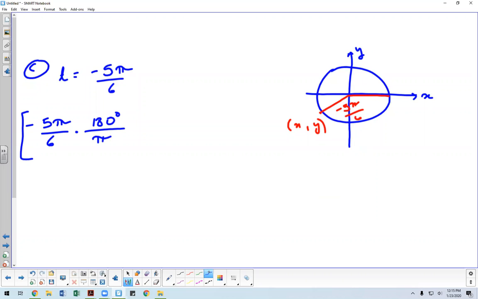If you're going into degrees, this is where your pi would cancel out. 6 goes into 180 positive 3 times, and then that will give you negative 150 degrees, right? Which tells us our reference angle here is going to be 30 degrees, or basically pi over 6, or negative pi over 6 in this case.